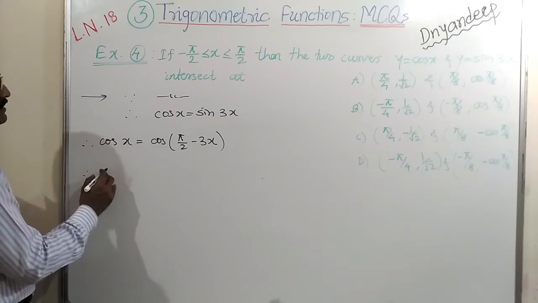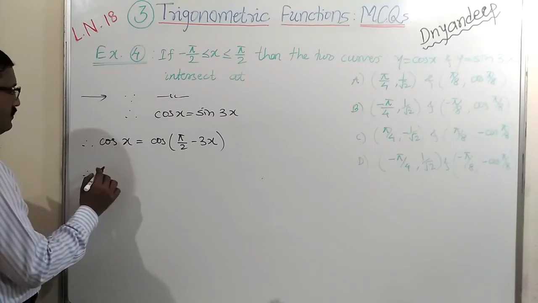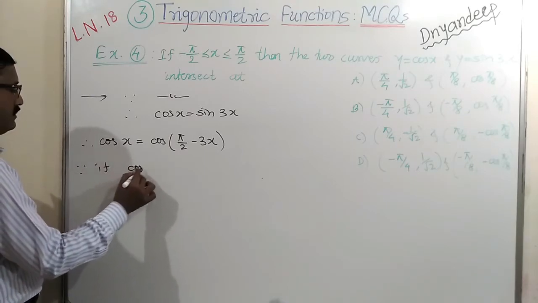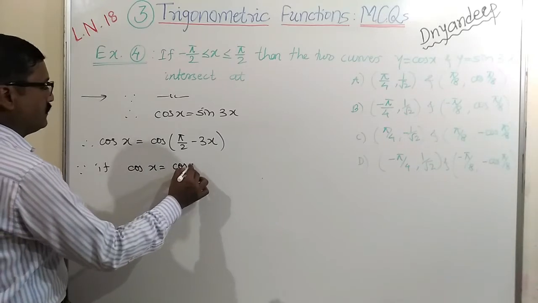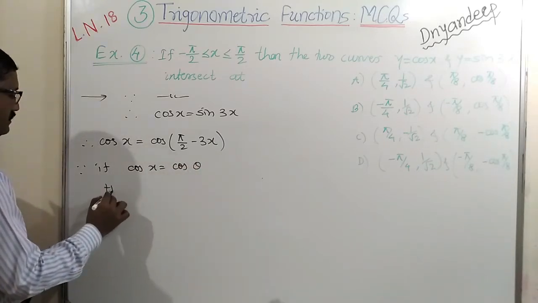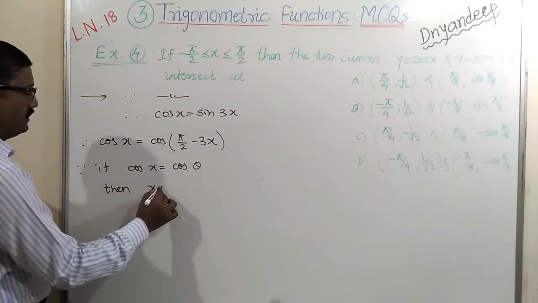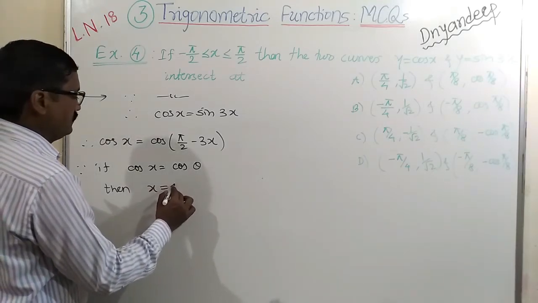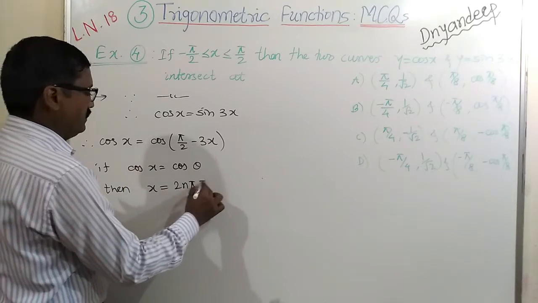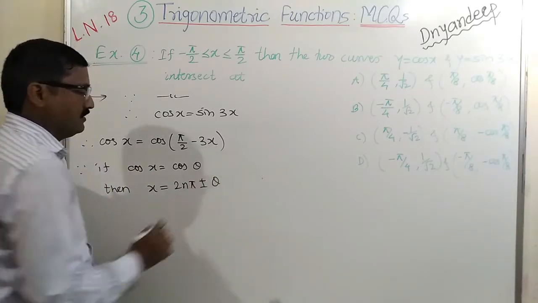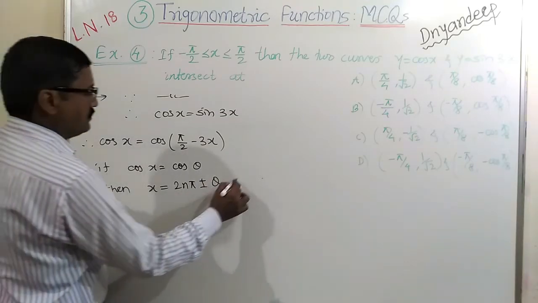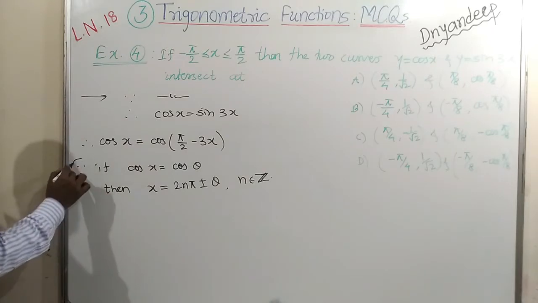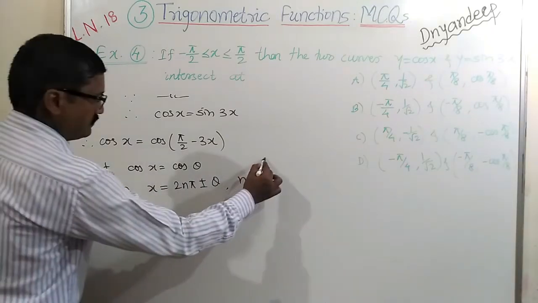So the formula: if cos x is equal to cos theta, then x is equal to 2n pi plus minus theta or alpha, where n belongs to integer. Okay, so use this formula.